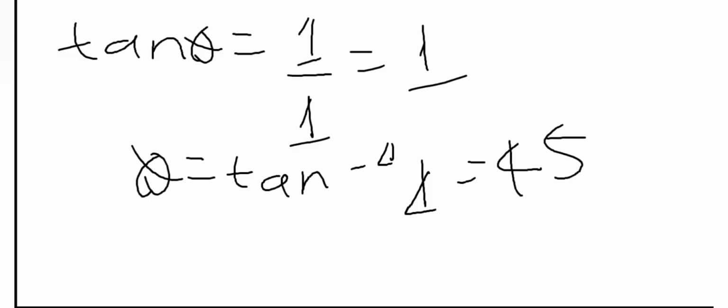Once we have found this, we know to say the angle is 45. But remember what I told you in the first place. In the first place, we said the angle is in the third quadrant. So the 45 that we have found, it's this one.